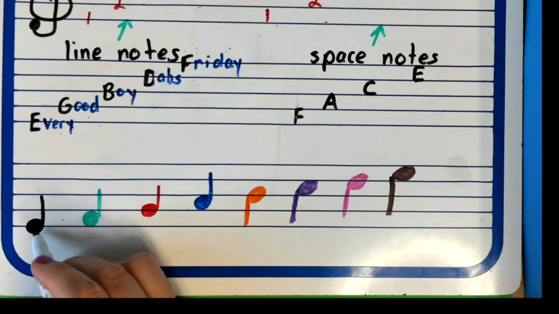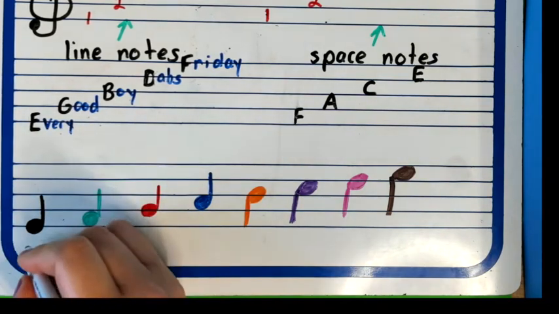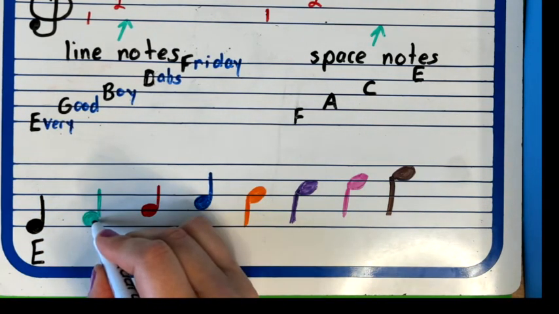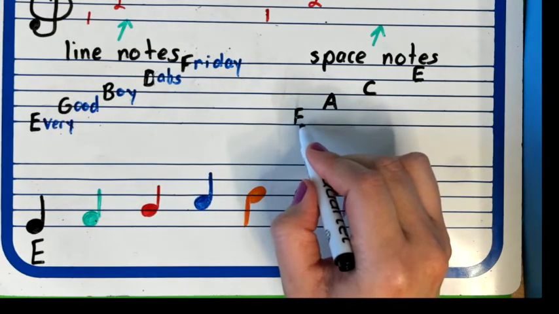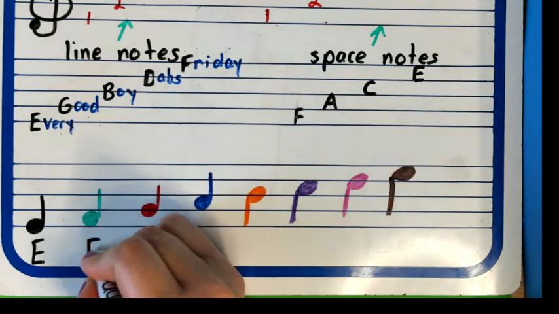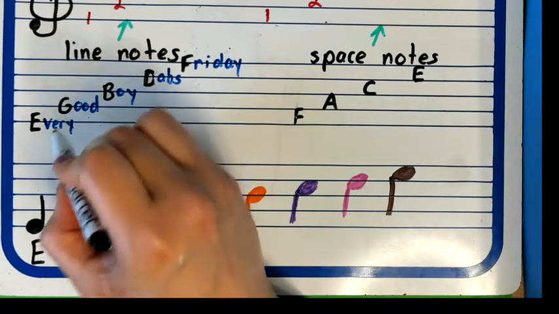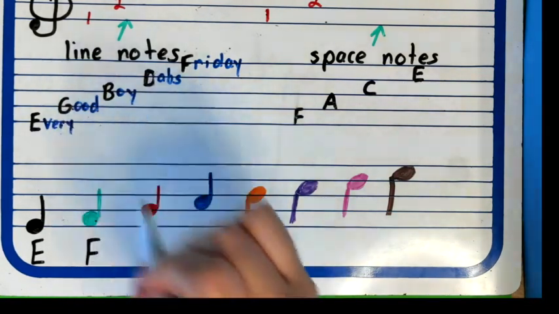So I know that this is an E because it's on line number 1. I know that this is an F because it's on space number 1. This is on line number 2, right? 1, 2. Line number 2 is a G.